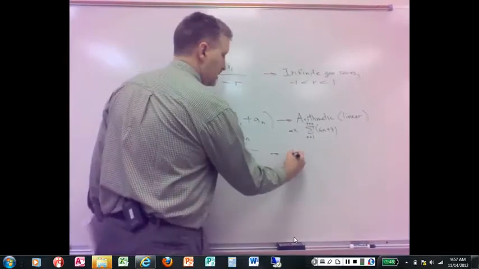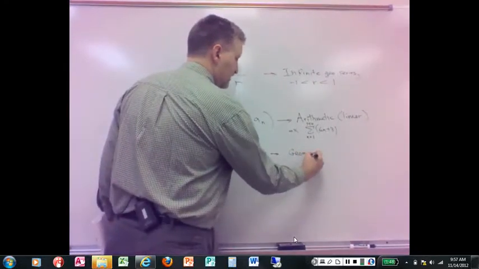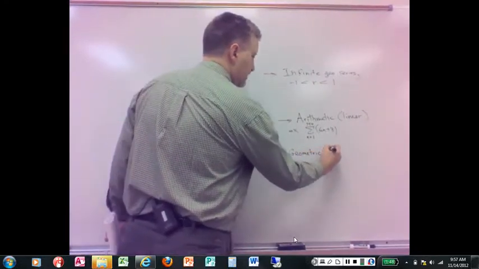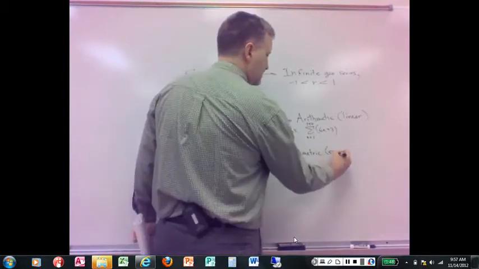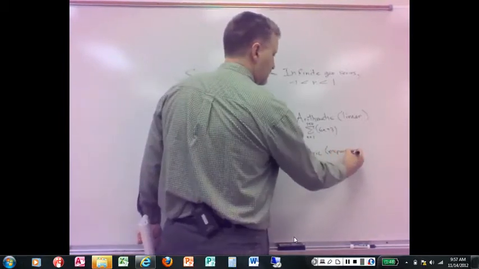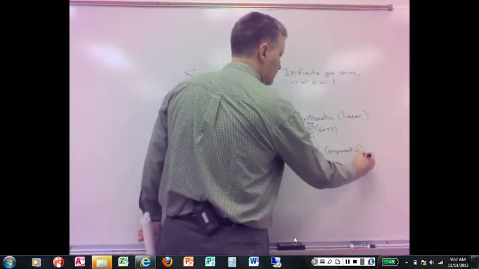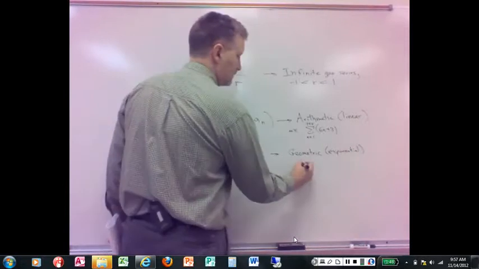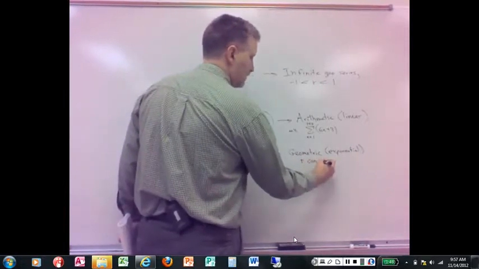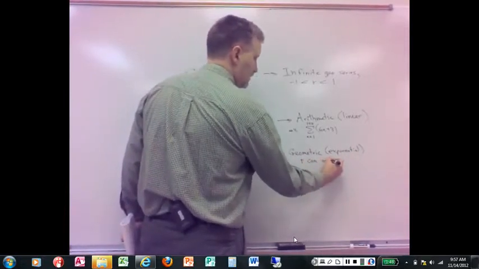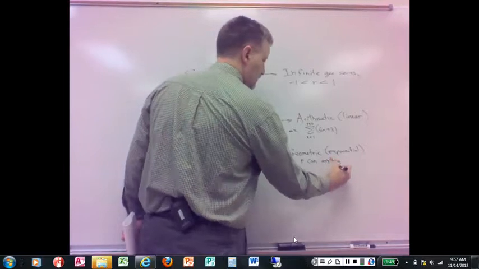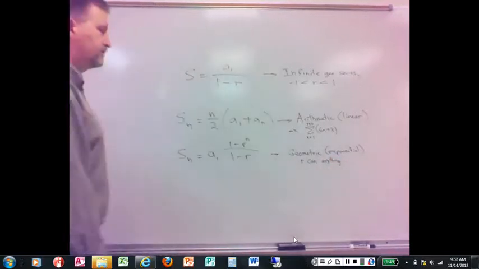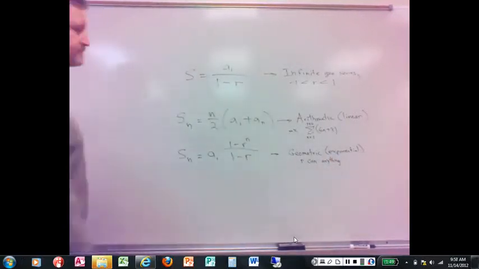What about this one? Well, this one I can use anytime it's geometric, doesn't matter what r is. And it's geometric if you've got an exponential. Basically r can be anything.